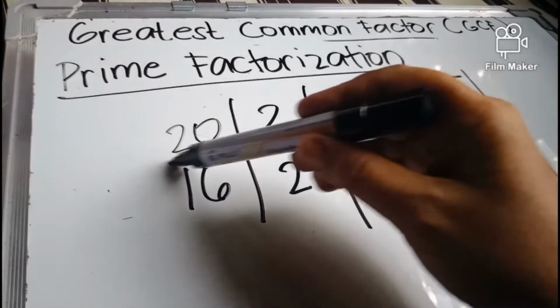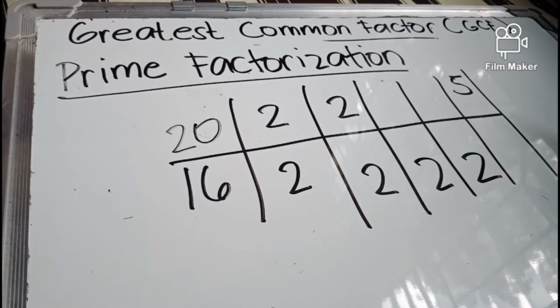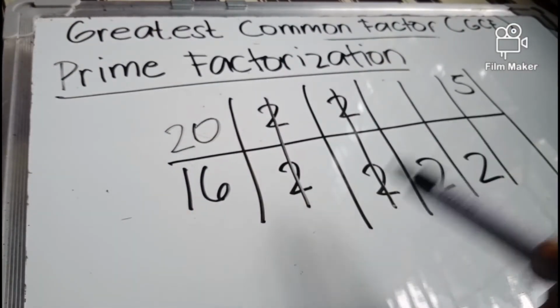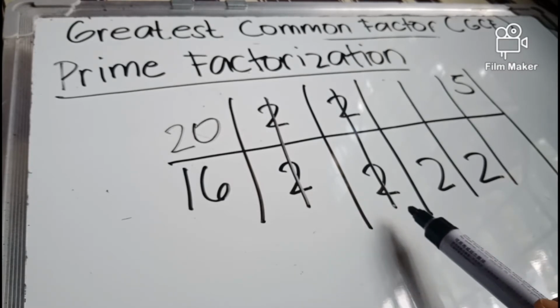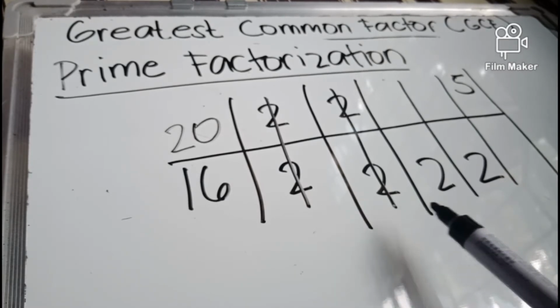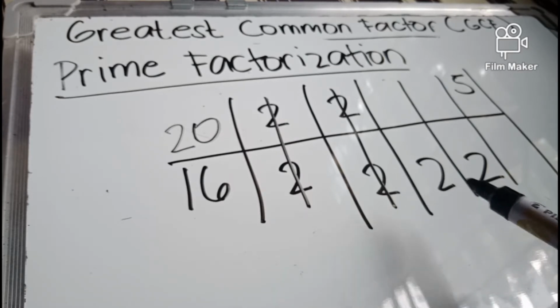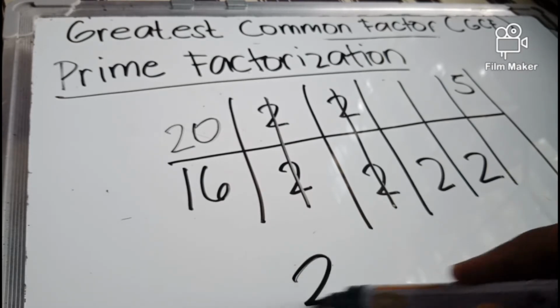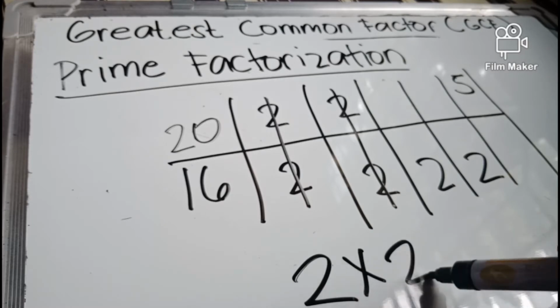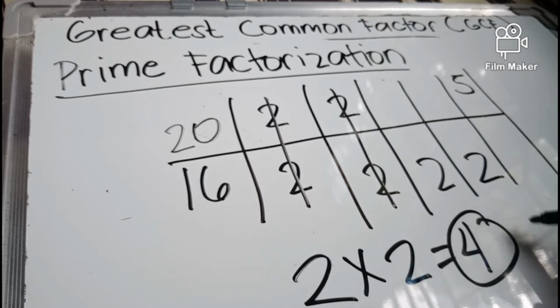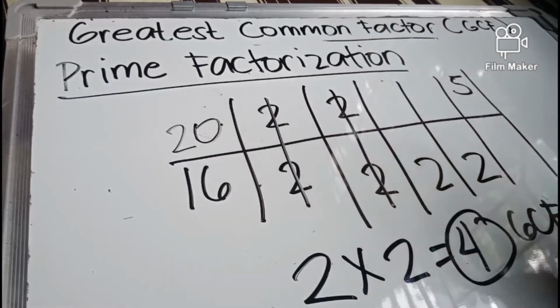So, yung common factors or common prime nila ay dalawang 2. So, ito yung common prime factors of 20 and 16. So, yung dalawang common nila, i-multiply natin. 2 times 2 is equals to 4. Therefore, 4 is the GCF of 20 and 16.